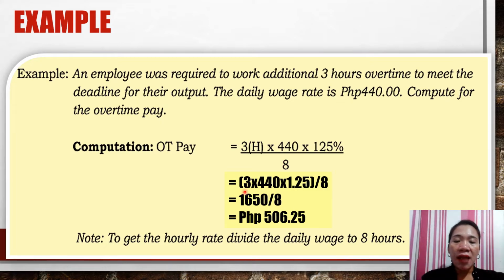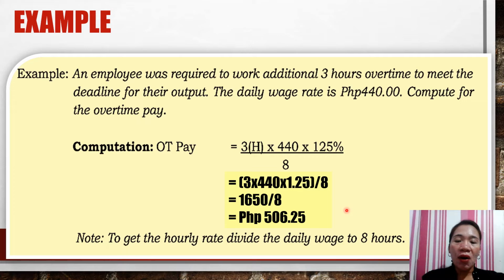So 3 times 440 times 1.25, all divided by 8. The total is 1,650 divided by 8, which is 206.25. This will be received by an employee with a regular daily wage rate of 440 plus 3 hours overtime.